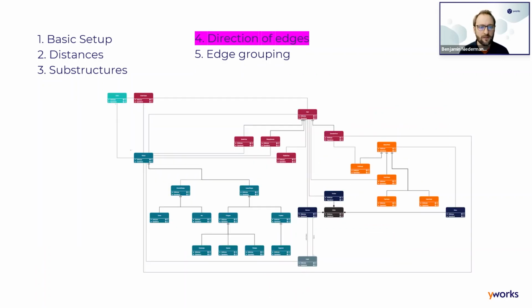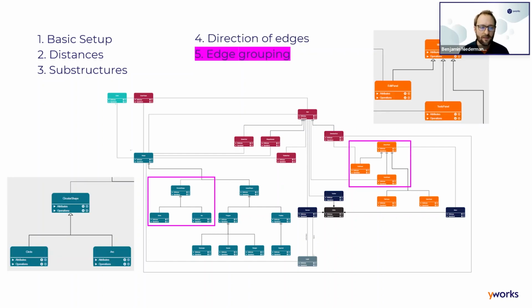And finally, of this coding example, I would like to go to the edge grouping. What you can see here is that the inheritance edges of this class diagram are not grouped. So basically what I would like to have is a case like in this actual tree drawing here, where the edges lie on top of each other, so that it looks like this is only one edge.